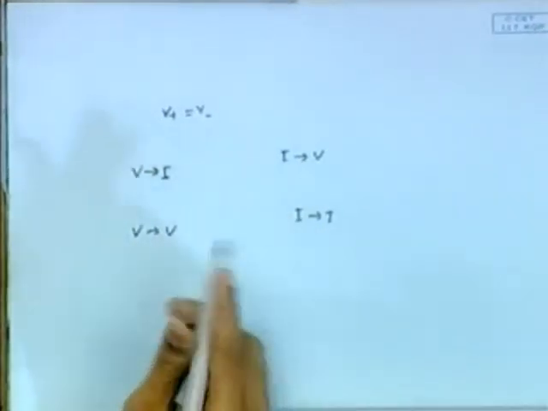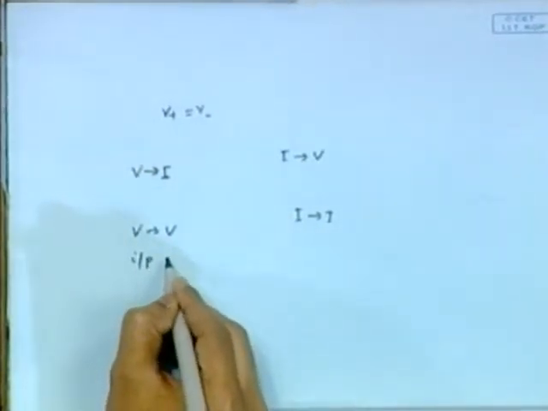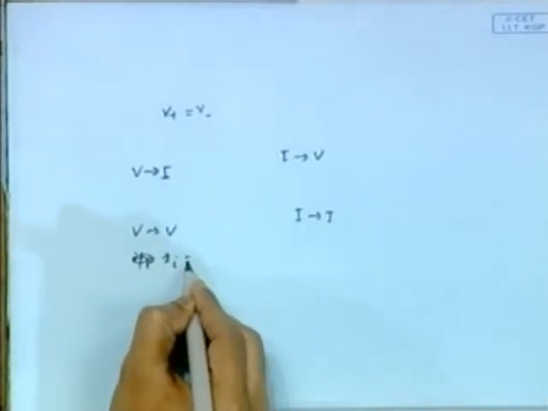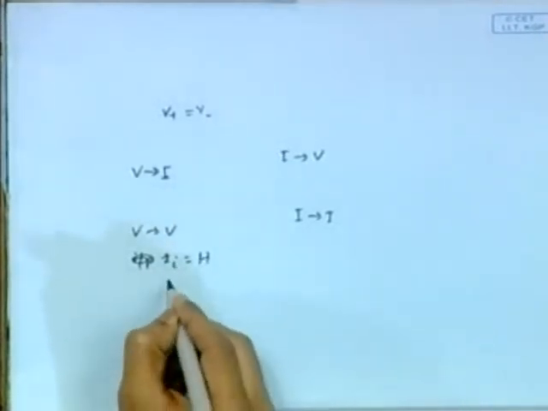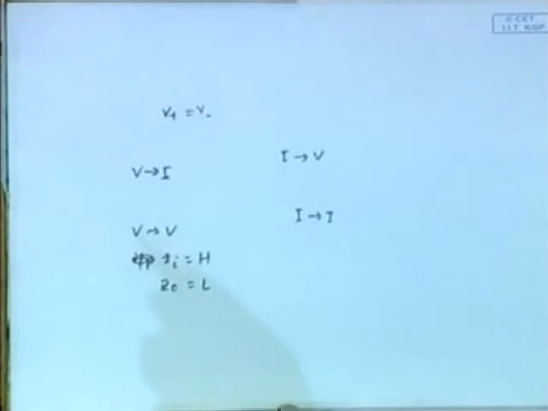So for V to V, the input impedance Zi should be high and Z out should be low. I am telling you a thumb rule: on the input side, if you want to sense a voltage, you have to give a high input impedance, and if you want to sense current, you have to give a low input impedance.